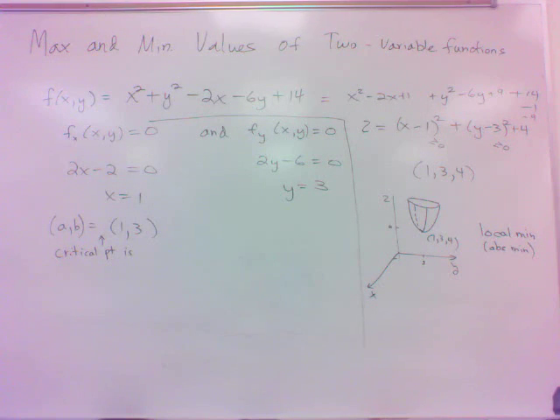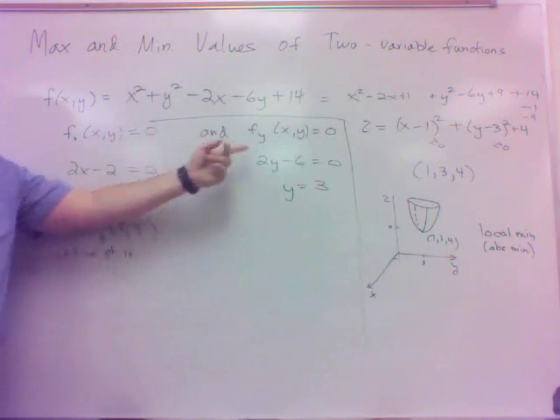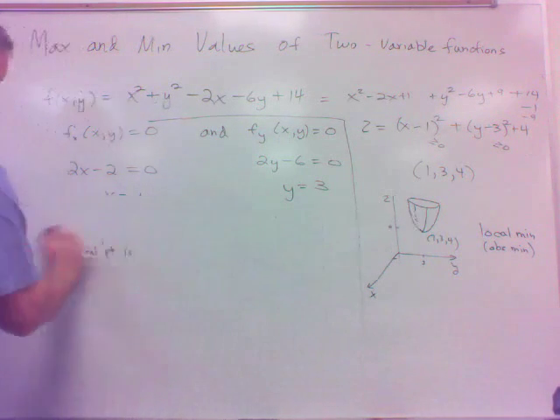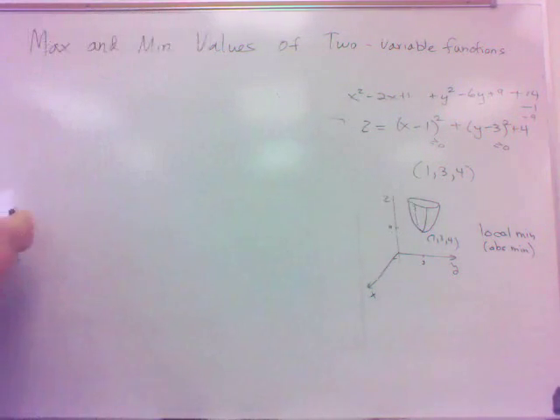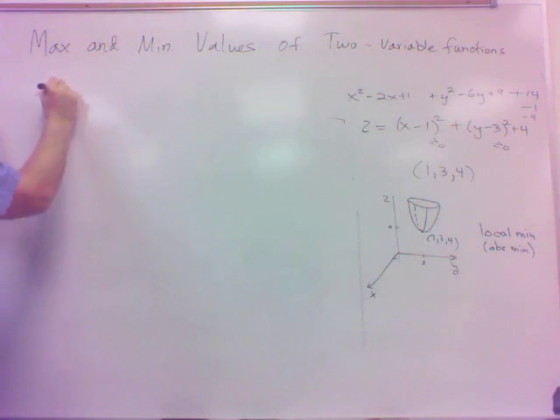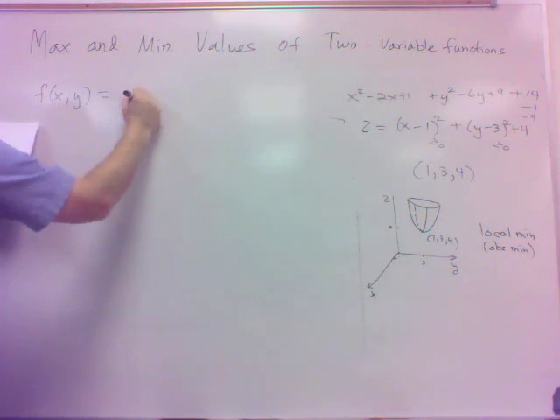Now, let me show you this one though, because that theorem I wrote down doesn't guarantee that if you've got the partial with respect to x and the partial with respect to y equal to 0, you have a local max or min. Because look at this one. f(x, y) equals y squared minus x squared.